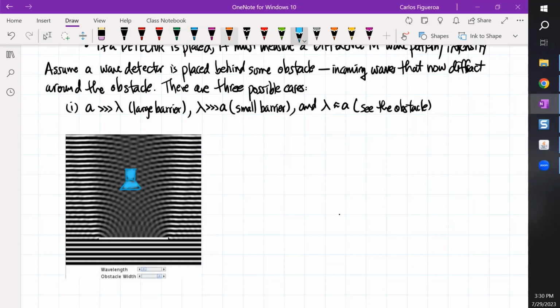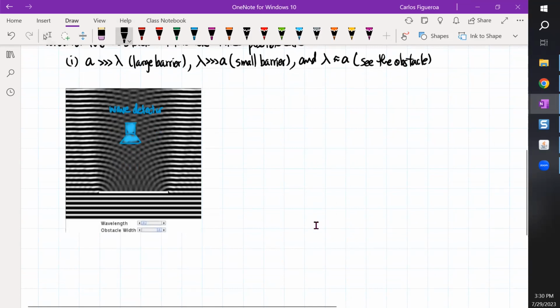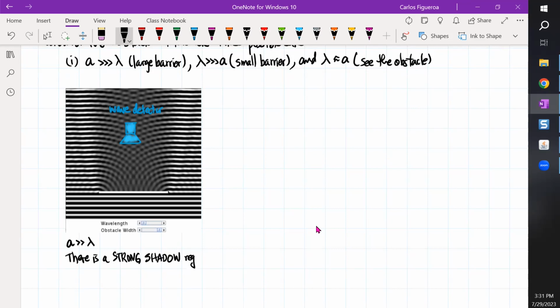And when I look at what this wave detector is doing here, because it's in a geometry, so in this situation, again, we're looking at the values that we just talked about. Here, we chose the wave to be much smaller than that. What you're finding here is that there is a strong shadow region, geometric shadow region behind the obstacle.